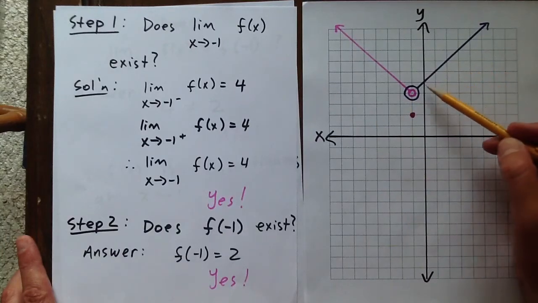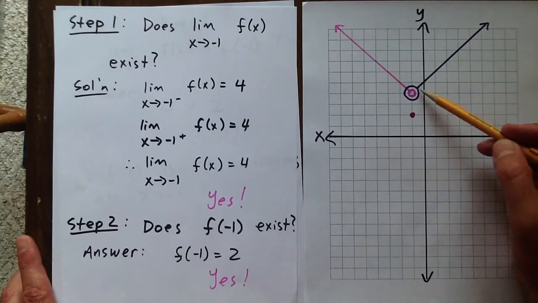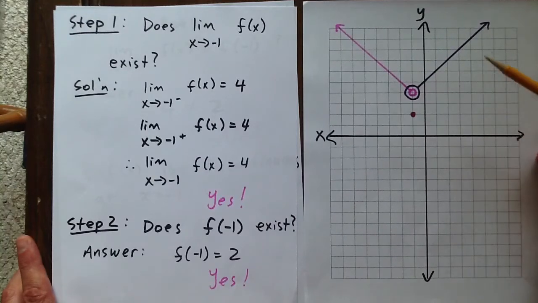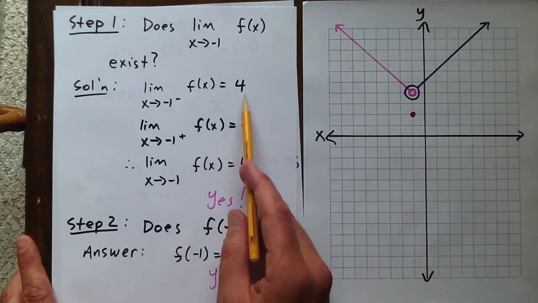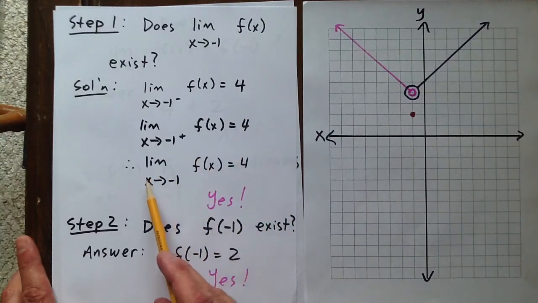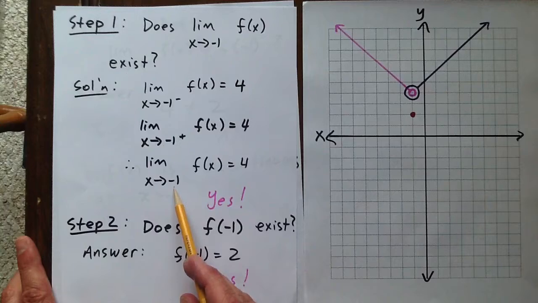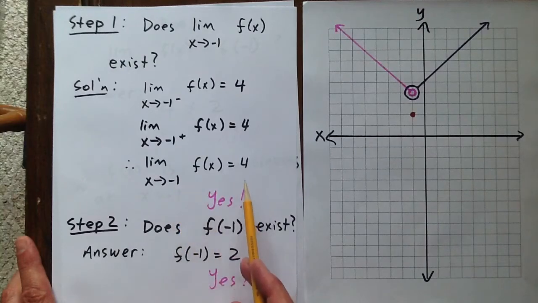From the right-hand side, we see that the limit as x goes to -1 from the right is also 4, because as x gets closer and closer to a value of -1, the y value gets closer and closer to 4. So from the left and the right, the limit is both 4, and so since the limit from the left equals the limit from the right, we can state that the limit of f at x as x goes to -1 is 4. So the limit exists.